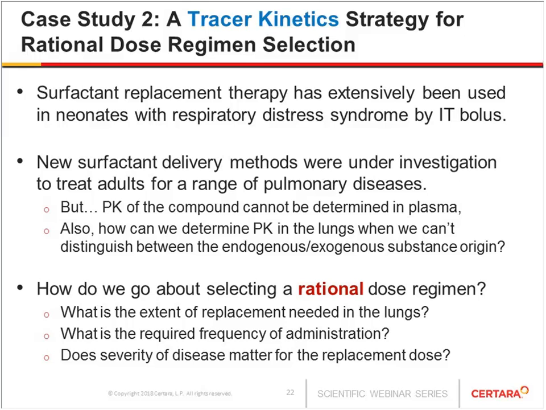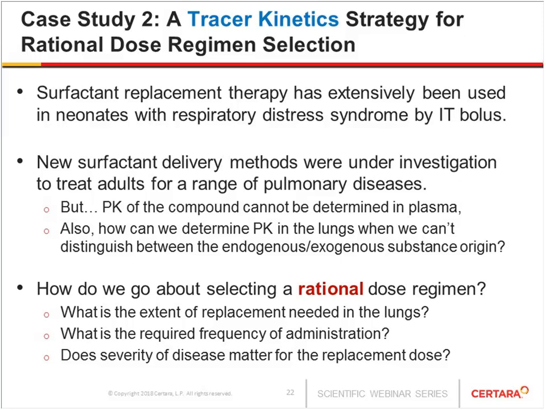Also, we could not really obtain concentrations from bronchoalveolar lavage samples, because we could not distinguish between the concentrations of the endogenously produced surfactant and that which we administered exogenously. Both of them would be mixed in the lungs, and we could not distinguish one from the other. So in a way, it was really challenging to do conventional pharmacokinetics.